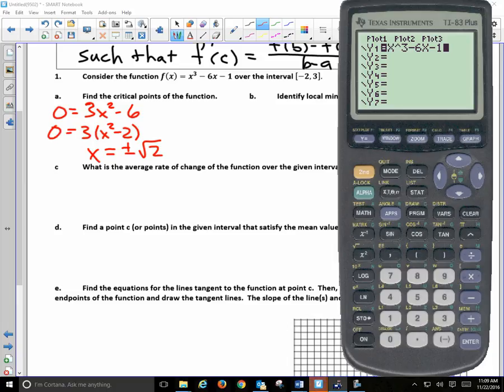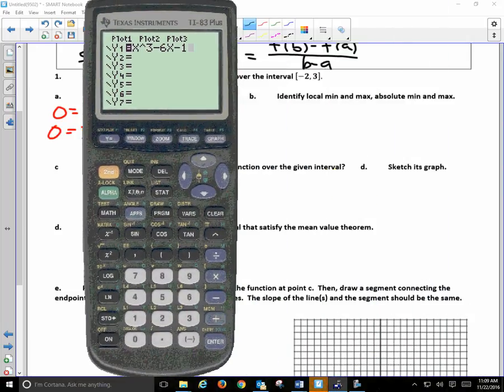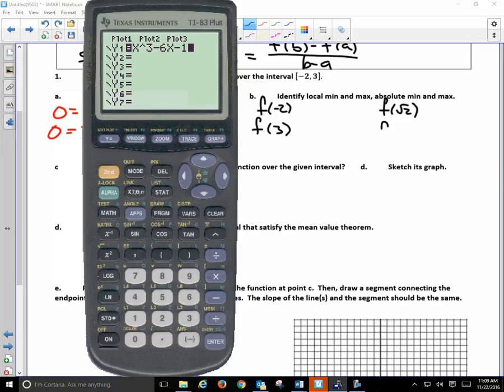Do you remember yesterday how we found the local max and local min and absolute max and absolute min? We took the endpoints and plugged them into the function. So f(negative 2), f(3), and then we also plugged in the critical points, f of the root of 2 and f of negative root of 2. And this is not part of the mean value theorem, but it will help us sketch this graph and generate some of the discussion we want to talk about.